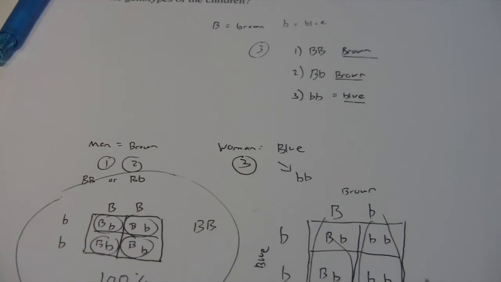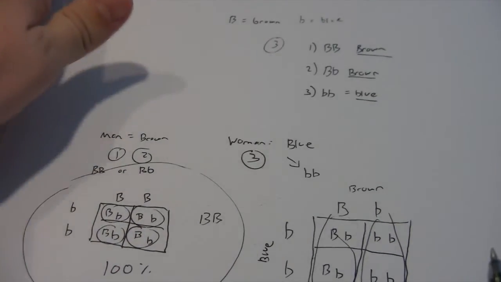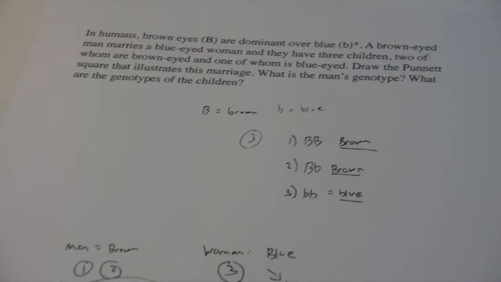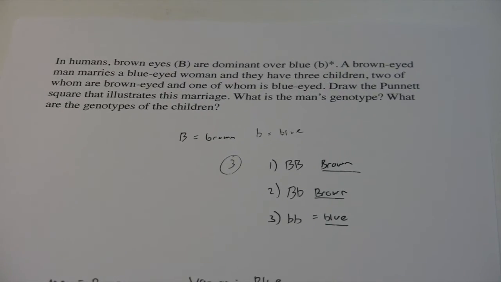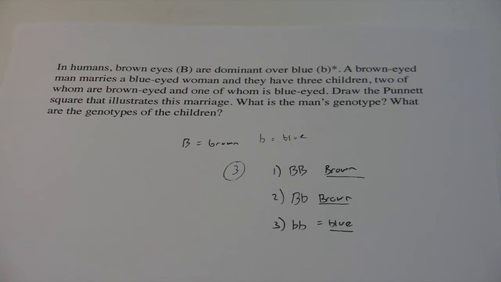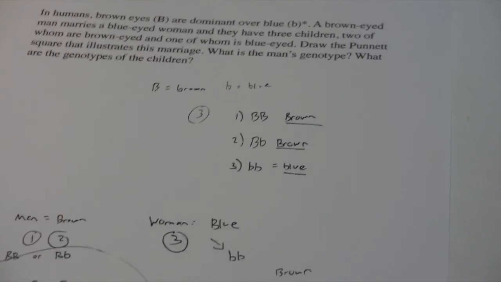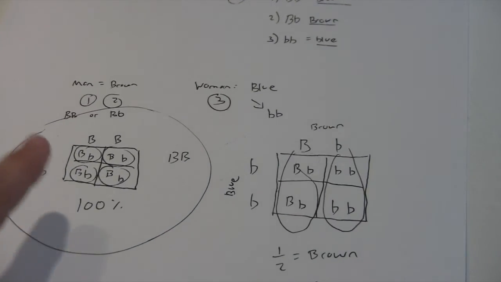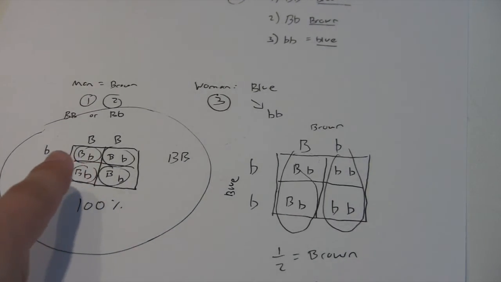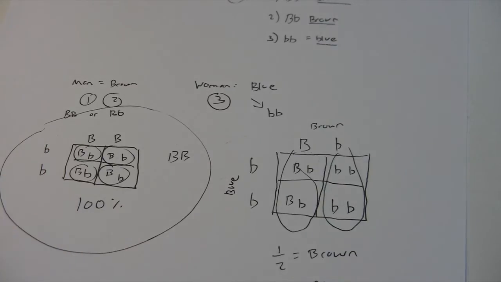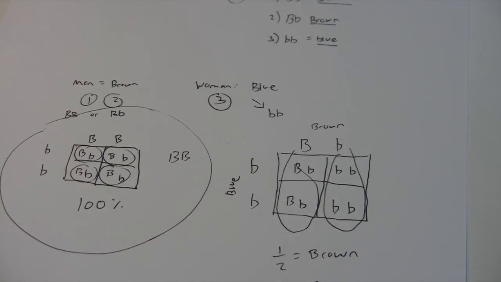So we can determine the man's genotype by plotting out the possible genotypes for the problem, and then using the information we are given, we can statistically determine the outcomes. We can cancel the possibility that the father is homozygous dominant, because in every case the father would pass on the dominant allele.